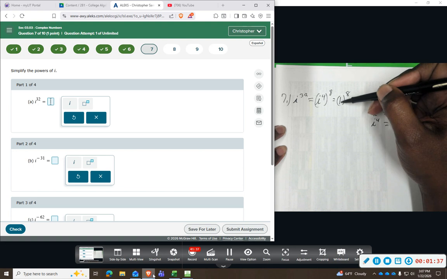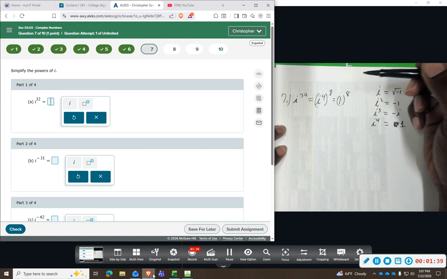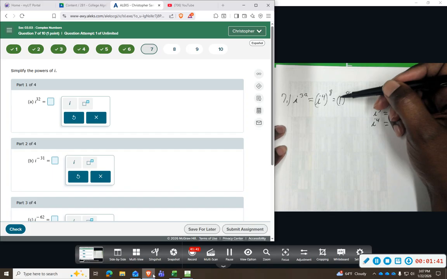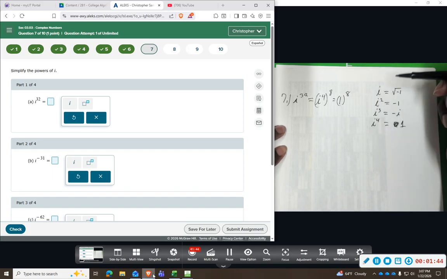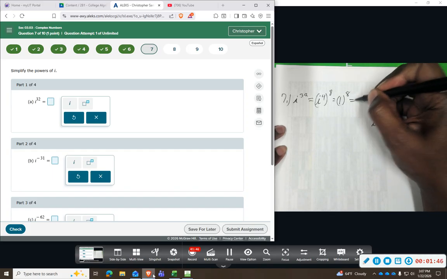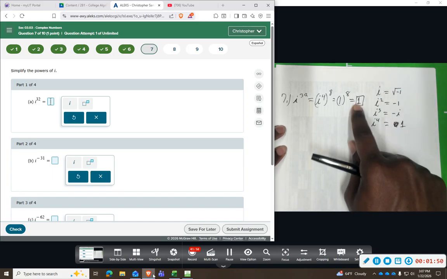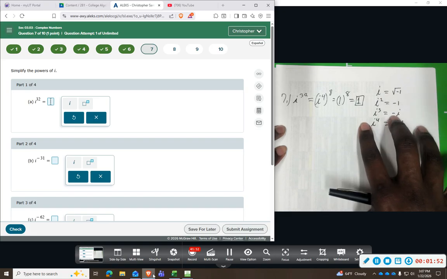Raising 1 to any power is just repeated 1s being multiplied. So 1 times 1, 8 of them. Multiplying 1 over and over again still leaves you with 1. So this is the goal that we want, and any leftovers we'll just have separate.